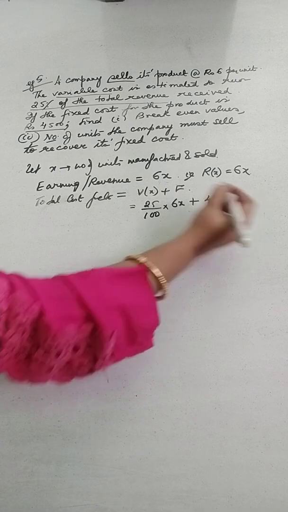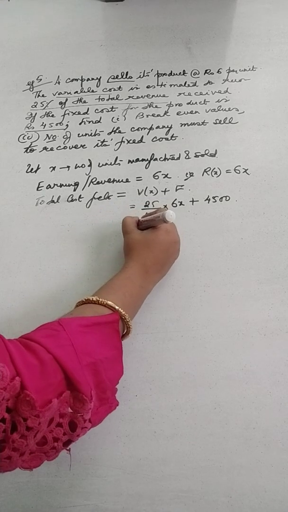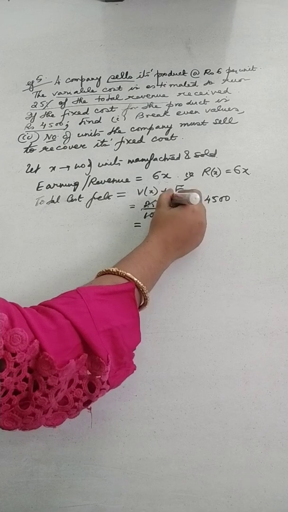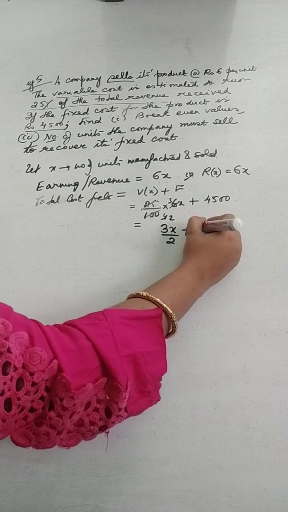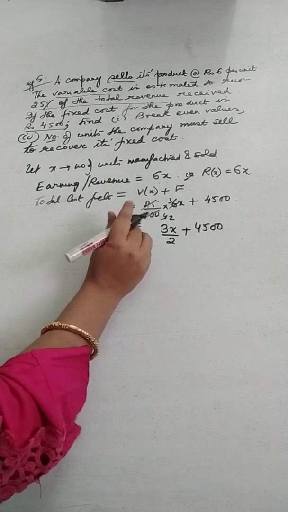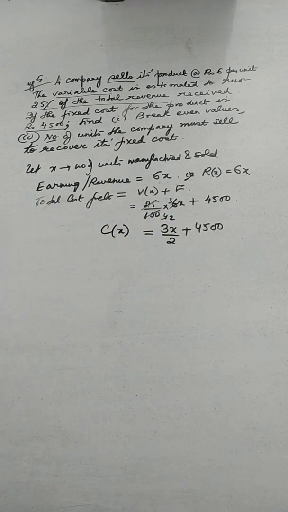So I put it over there, 4500. Fixed cost does not depend on number of units, it is fixed. So this goes by 4, this is 3, this is 2, so it's 3x by 2 plus 4500, and this is your cost function Cx.